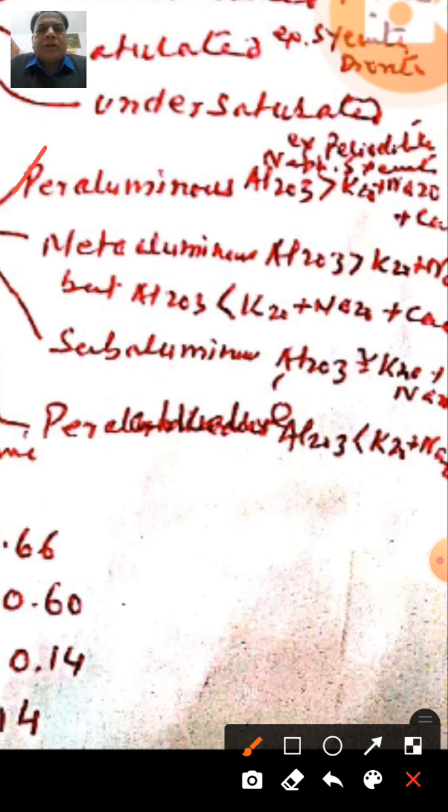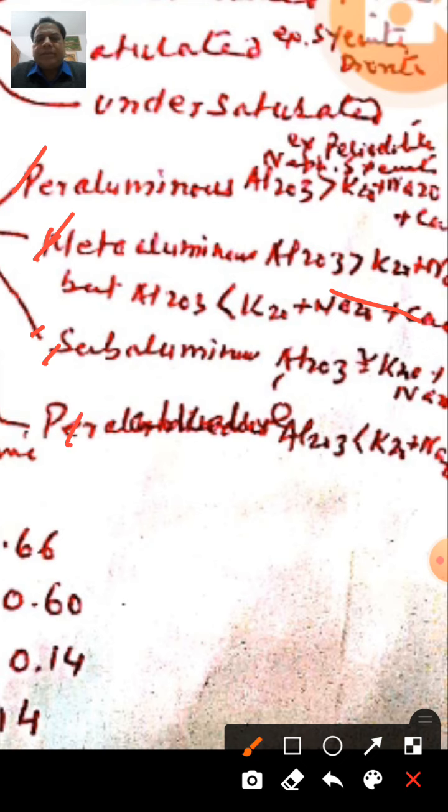Peraluminous means when the total Al2O3 is more than Na2O plus K2O plus CaO. Such rocks are called peraluminous. The second category is metaluminous, when the rock has Al2O3 more than K2O plus Na2O, but less than K2O, Na2O plus CaO. The third category is subaluminous, when the rock has Al2O3 almost equal to K2O and Na2O.